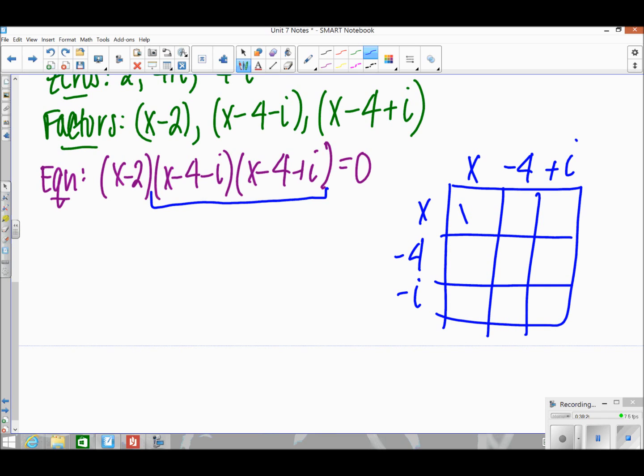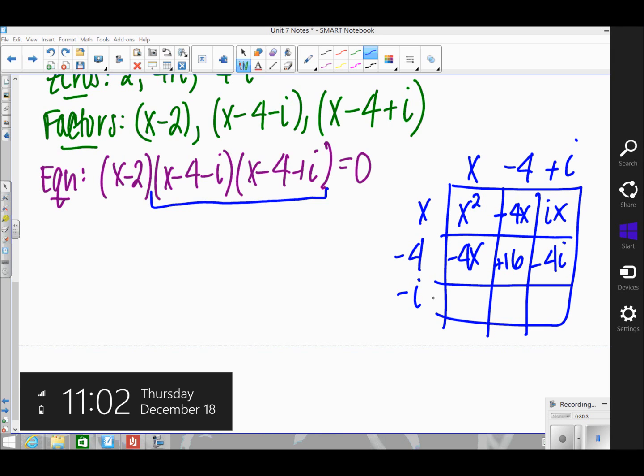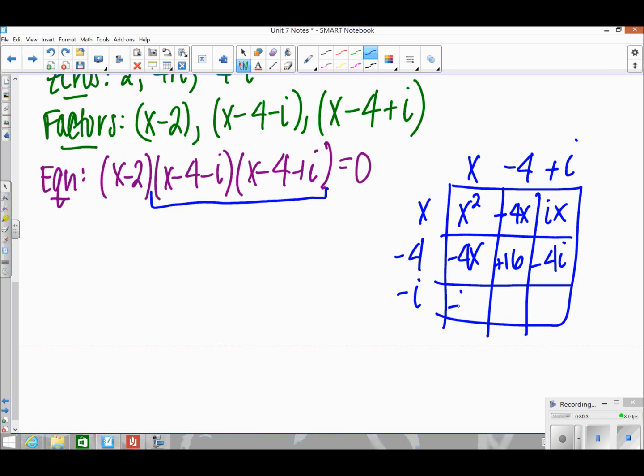So multiply, we get x squared minus 4x, ix, minus 4x plus 16, minus 4i, minus ix, plus 4i, and minus i squared.